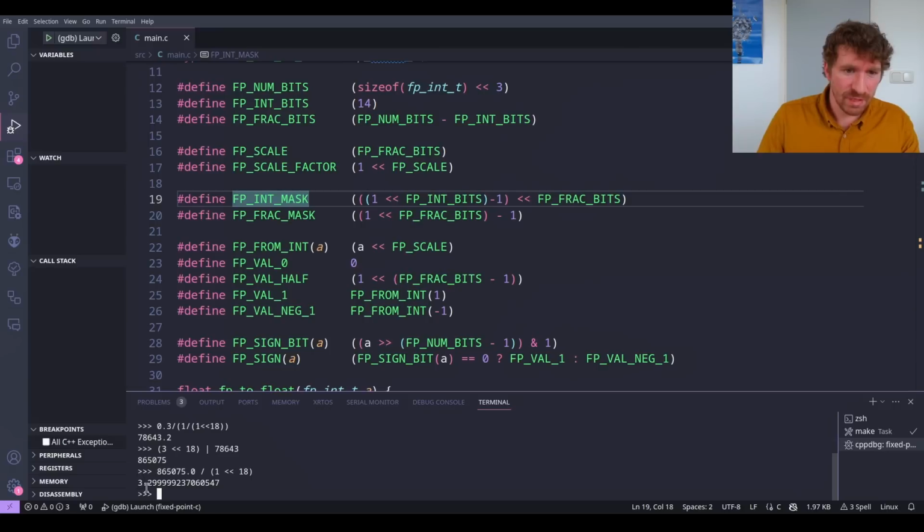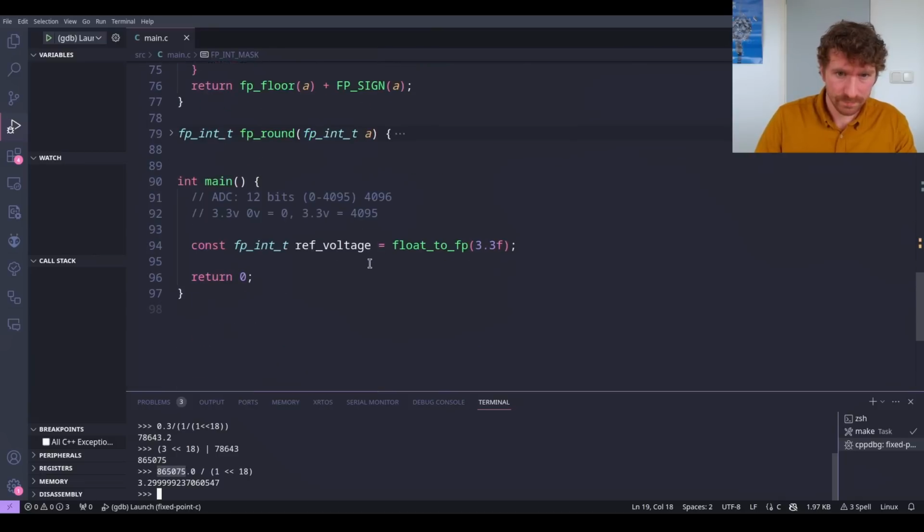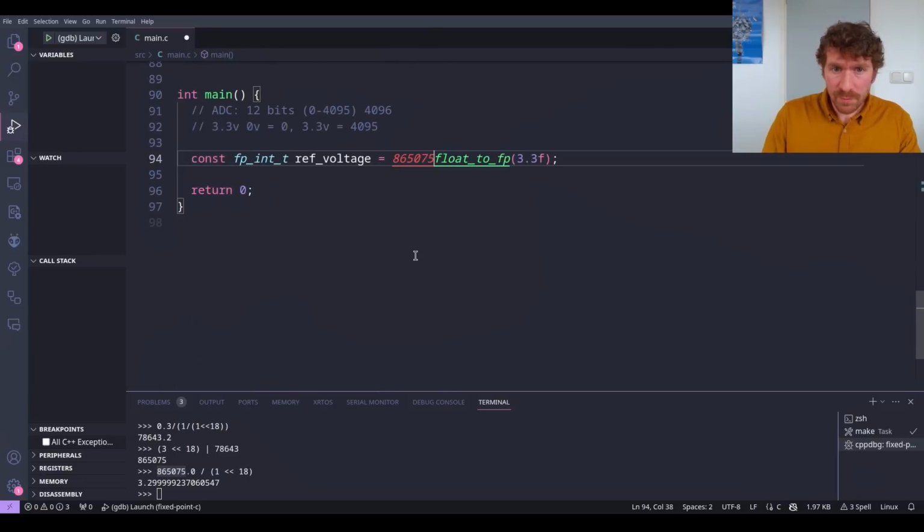What we get is 3.299999, a bunch of stuff, basically 3.3. So this number, we could just take this and pre-compute it and stick it in here, and this would work perfectly. This would be our 3.3, right?